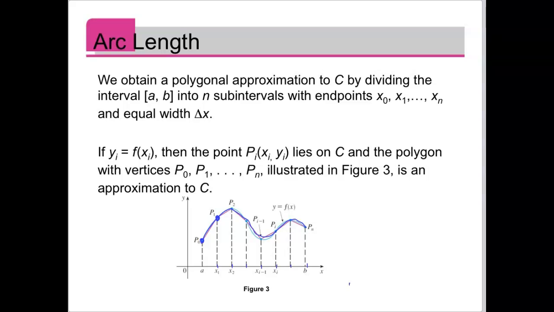And what we can do is just connect those y values with straight lines. So that's going to give us line segments, okay? And all we want to do is be able to find the distance between those 2 points. So I want to find the distance between P0 and P1, P1 and P2, and so on and so forth, right? And we're going to denote that like this.